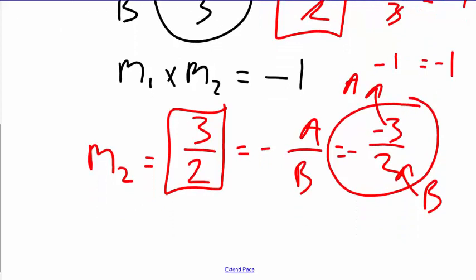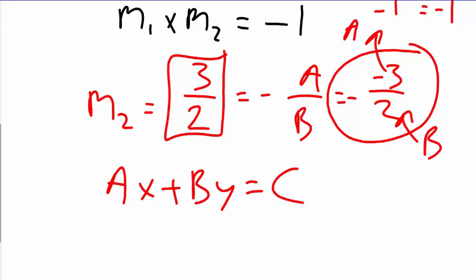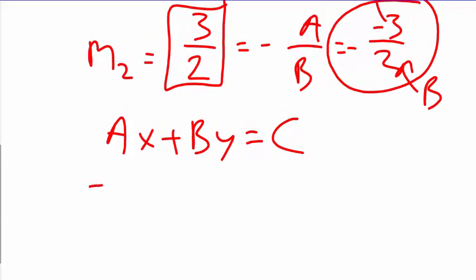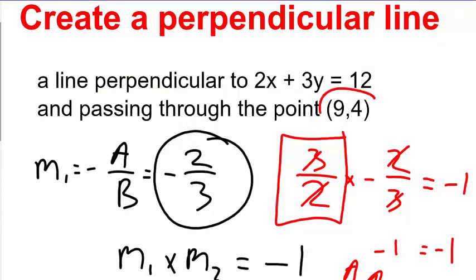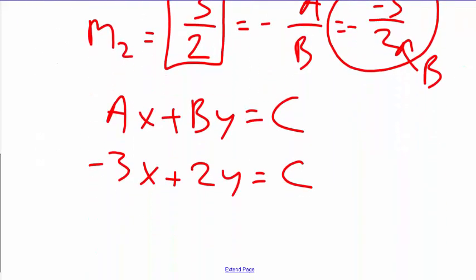So let's do that. Ax plus By equals C. And for A, it's going to be -3x plus 2y equals C. And now I know this equation of line needs to pass through (9, 4), so I can use this to figure out what C is.